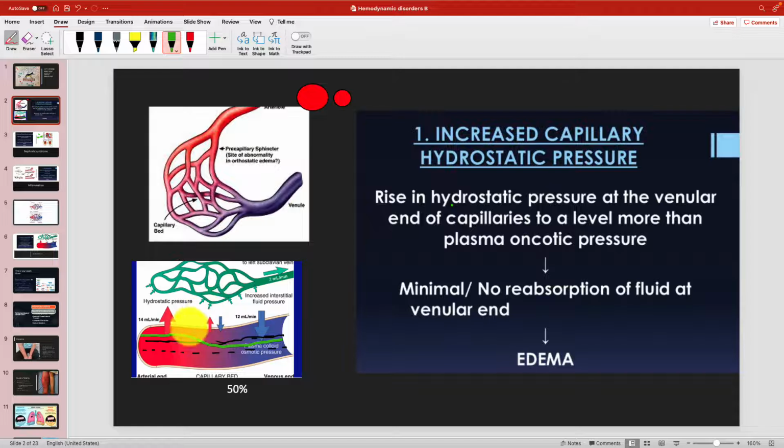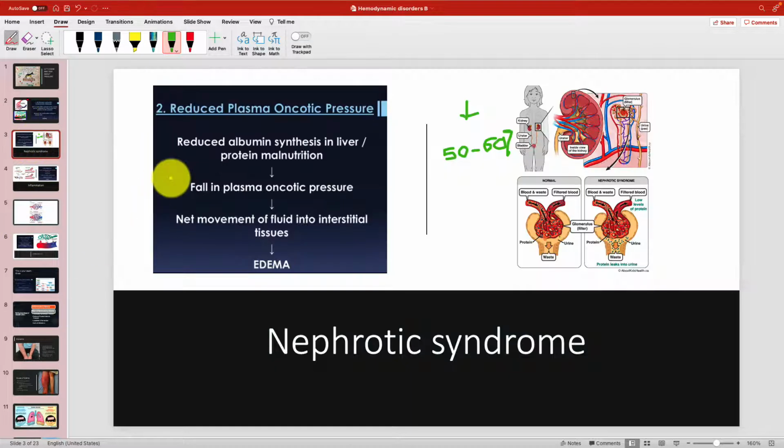Well, then what happens is all across here, we have a mass exodus of goods being pushed out of the blood vessel, and we lose that counter force. We lose that counter oncotic pressure. So we don't have it anymore. So when we have a reduction in albumin synthesis in the liver, or we have protein malnutrition, this leads to a fall in oncotic pressure, and then we have a net movement of things outward. And then we basically have edema.